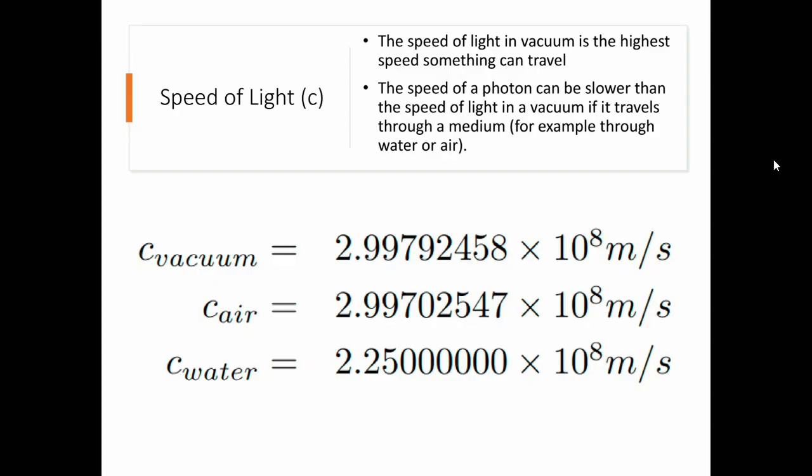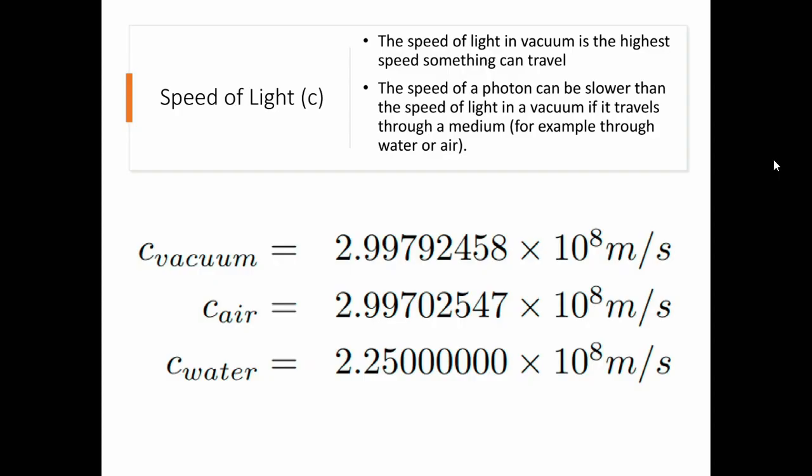So it turns out when people say the speed of light is a constant, they mean the speed of light traveling through a vacuum is a constant. Say you have a photon traveling from the sun coming towards the Earth.